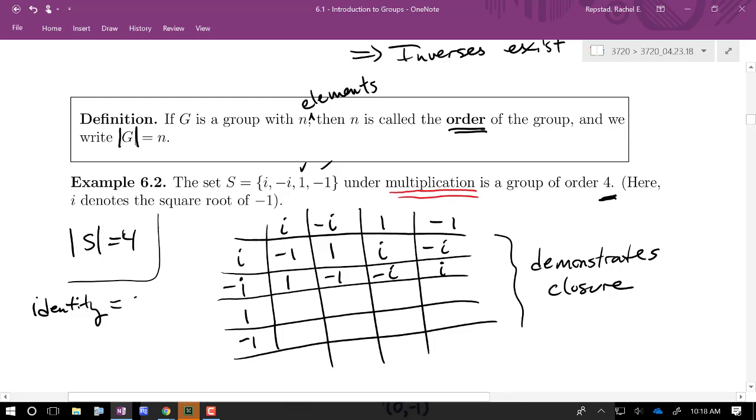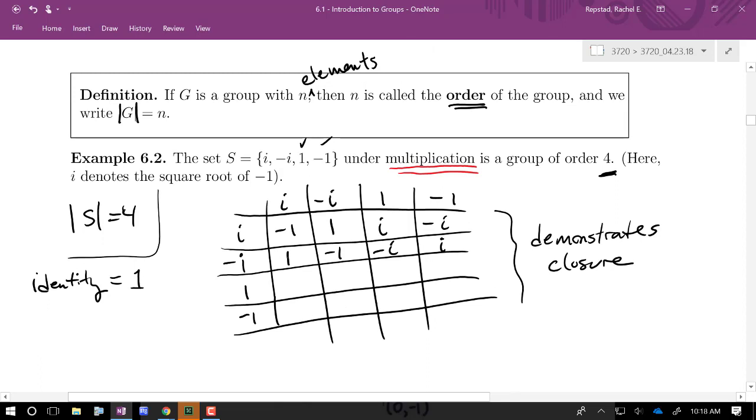Mm-hmm. Yeah. Right, so i is the square root of -1. So we have these 2 complex elements, but then 1 and -1 are like the regular real numbers. So the identity element is 1. And in fact, if we fill out this table real quick, we could even verify inverses. The one row is really easy to fill out, because this just repeats everything.